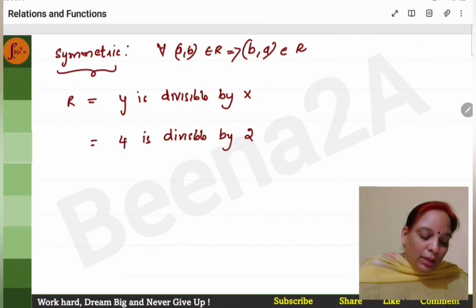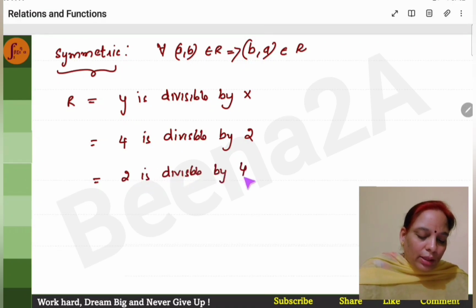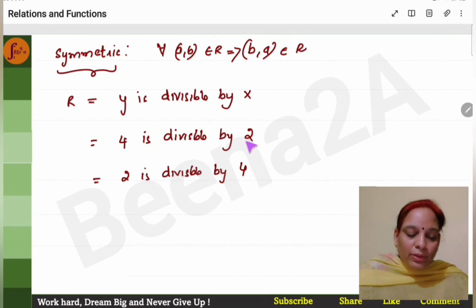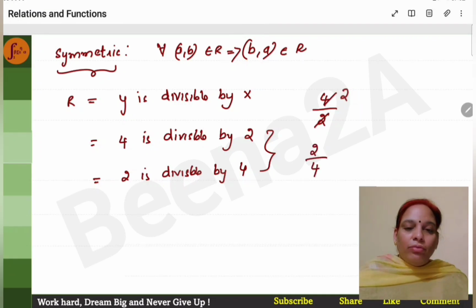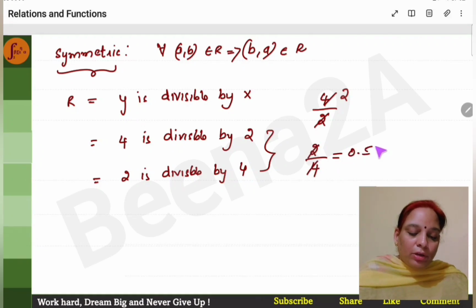Does that mean for symmetric it should be reversed? 2 is divisible by 4. Right? If 4 is divisible by 2, does it mean that 2 is divisible by 4? No. Because I can say 4 is divisible by 2, but 2 is not divisible by 4. This will become half, it will become 0.5.